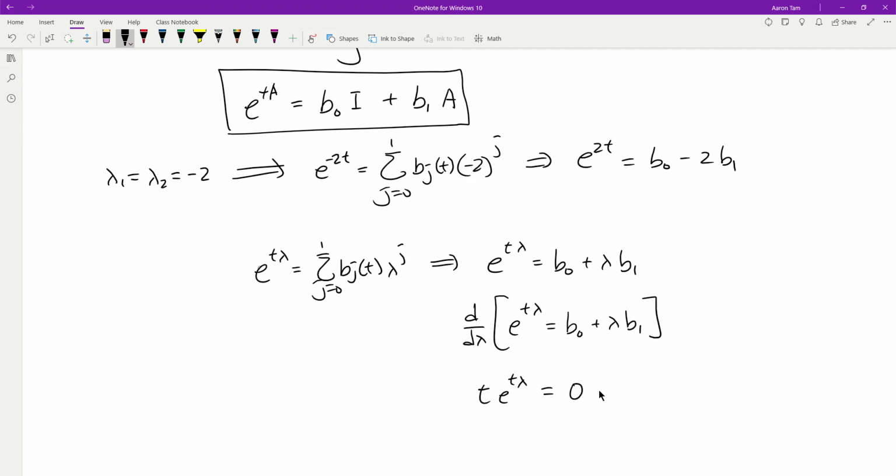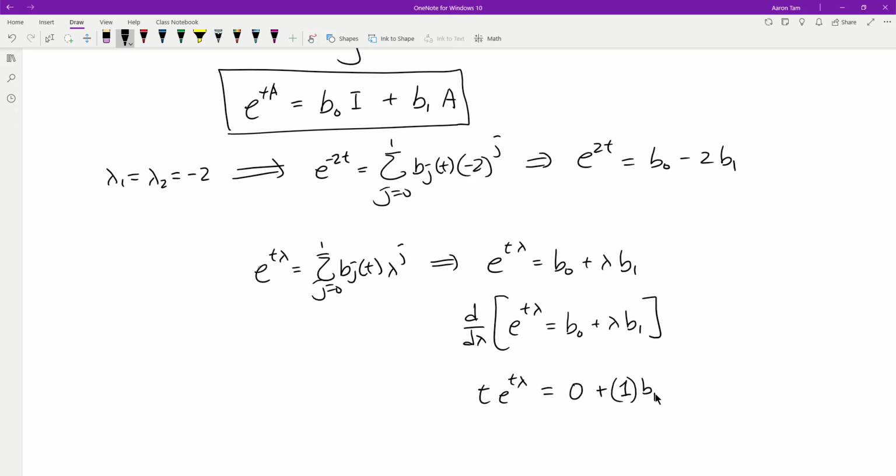So it becomes 0 plus b sub 1, which is a constant function in terms of lambda, so it stays, and I differentiate lambda, which gives me 1. This is very tricky because you have to remember that b sub 0 and b sub 1 are both functions of t, but here we differentiate with lambda.